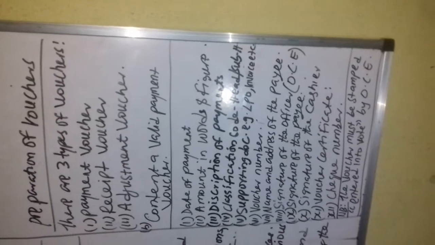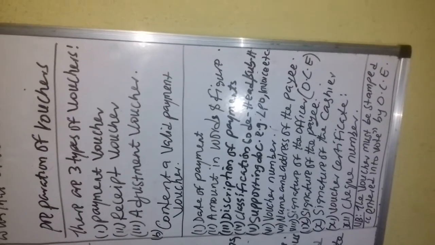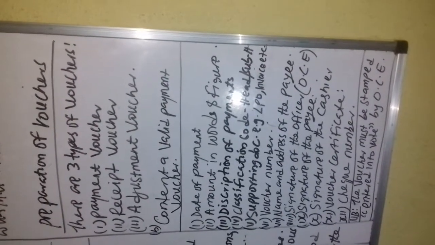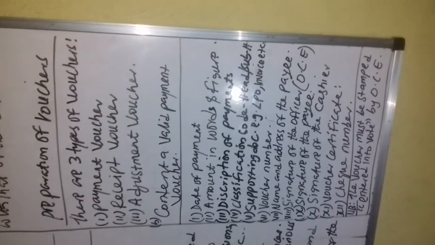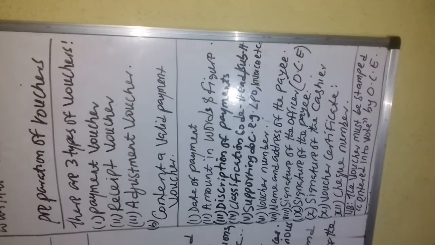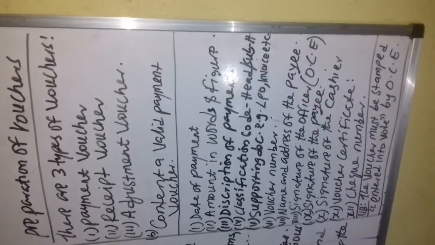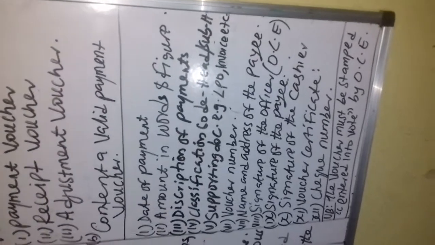Now, there are three major types of voucher that are used. We have the payment voucher, receipt voucher, and then adjustment voucher. Let's look at the basic content of a valid payment voucher. We have a list of them up to 12.